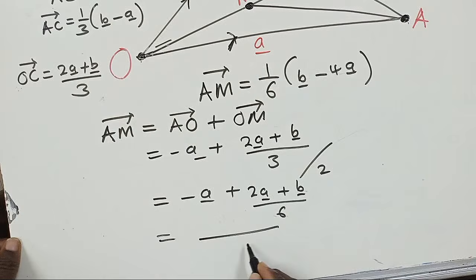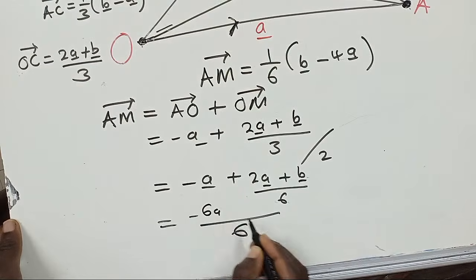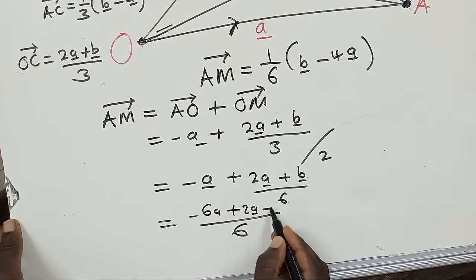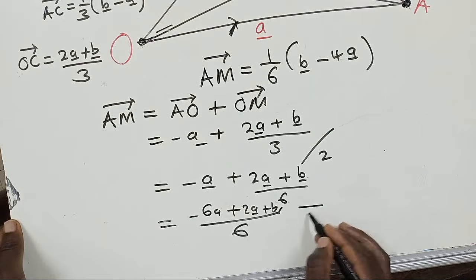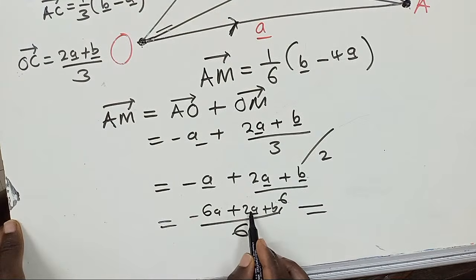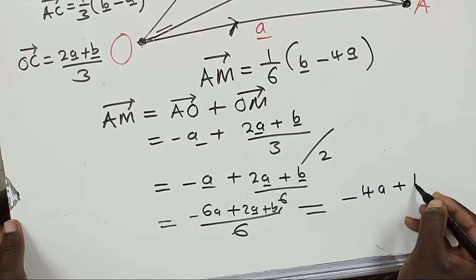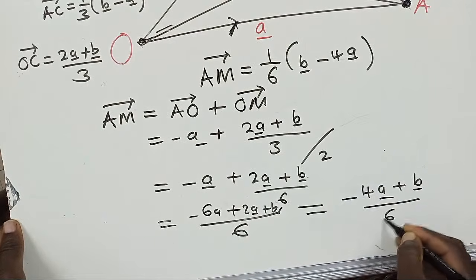We find the lowest common denominator, which is the 6. Here it will be negative 6A plus 2A plus B. Okay. So next here, this negative 6A plus 2A will just give us negative 4A plus B over 6.